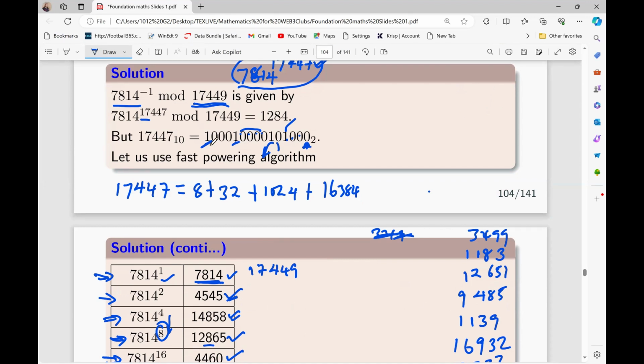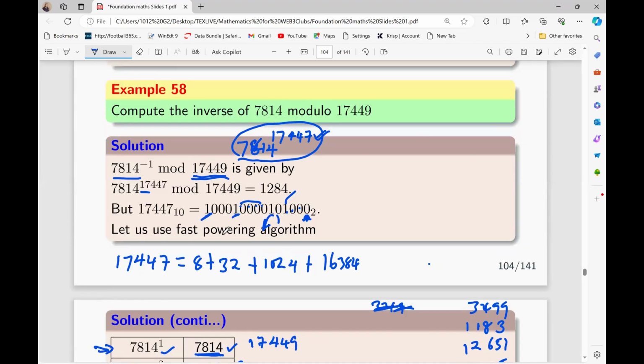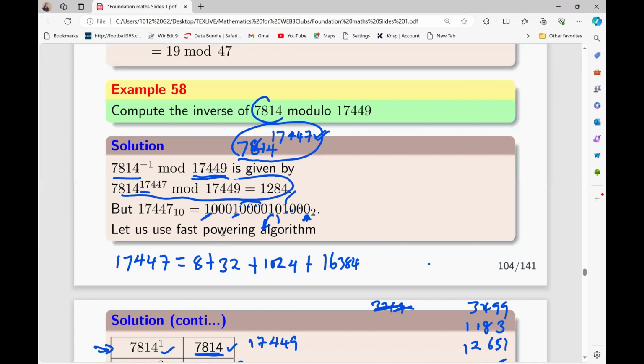Maybe my conversion. Oh, I've seen my conversion was not correct. I was supposed to convert the power. What confused me was this, when I gave the answer here.